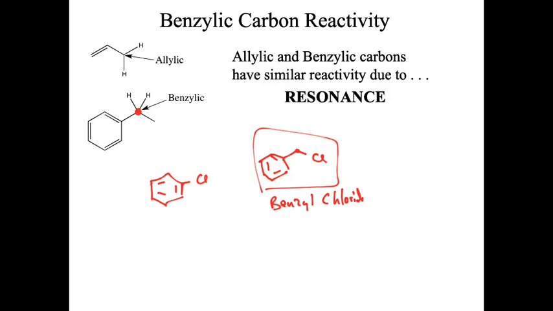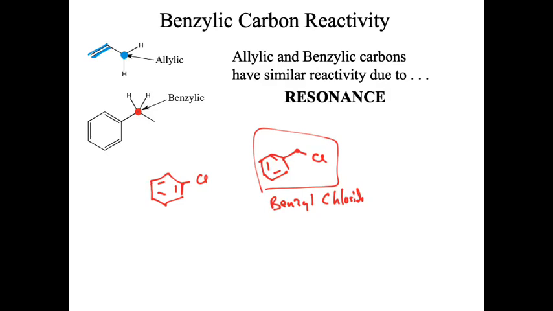The allylic is up at the top left, the allylic is one carbon removed from the pi bond. So they're roughly the same thing. It's a carbon one away from a pi bond. But if it's an alkene versus an aromatic, their chemistries are slightly different, so they get different names.